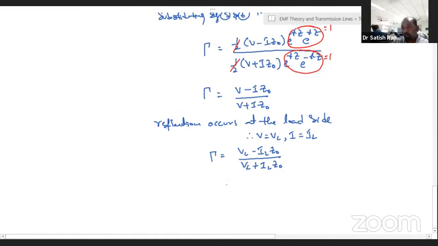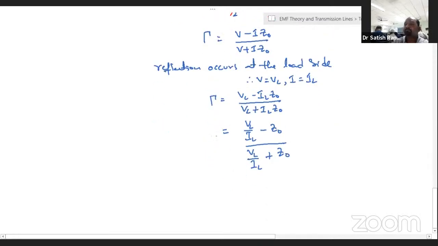And here, if you take IL common in both the numerator and denominator, we have VL by IL minus Z naught divided by VL by IL plus Z naught.